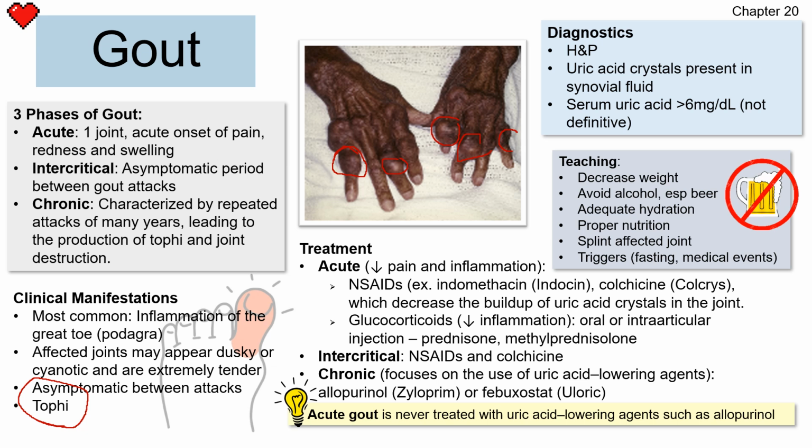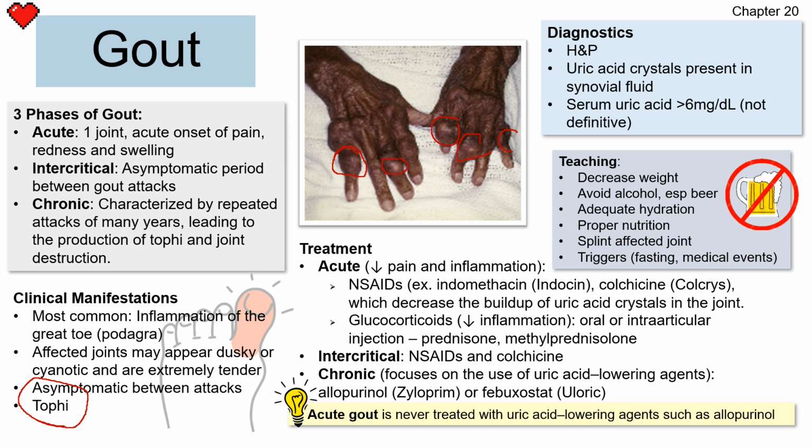Teaching. Well, we already know our risk factors, so whatever's modifiable, that's what we want to modify. They should lose weight if they're obese. They should avoid alcohol, especially beer. Whenever we have things that build up in the blood, like this uric acid, the kidneys aren't able to filter. We want to keep hydrated. We want to dilute the blood. So adequate hydration is important.